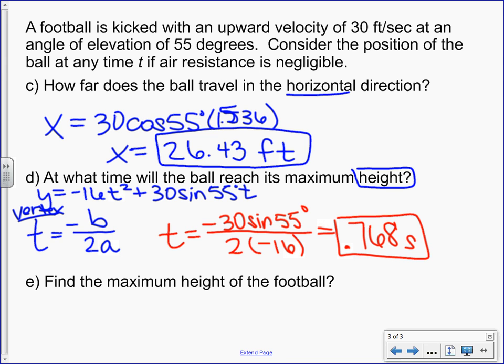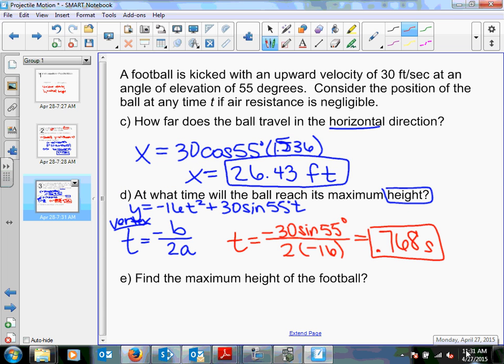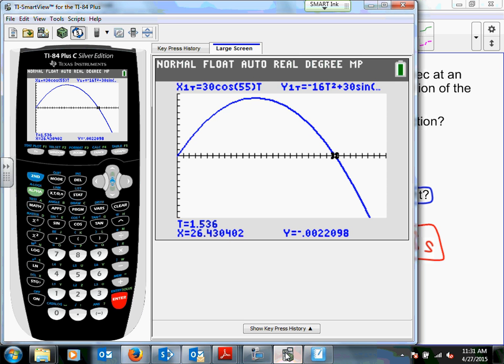I'm going to draw your attention back to the graph. Here was time is 1.536. Here, our time was 0.768. That is half of the time. Our parabola is symmetric.